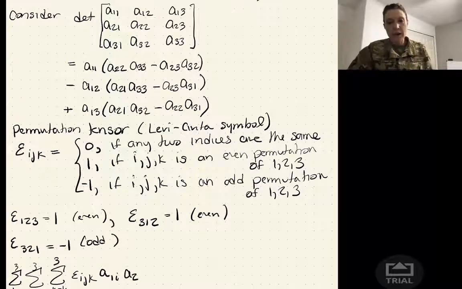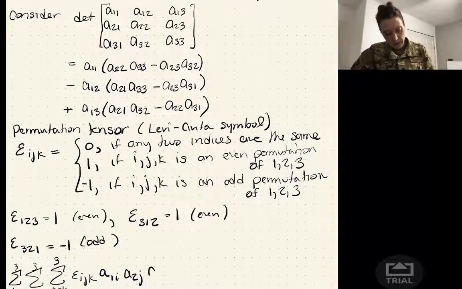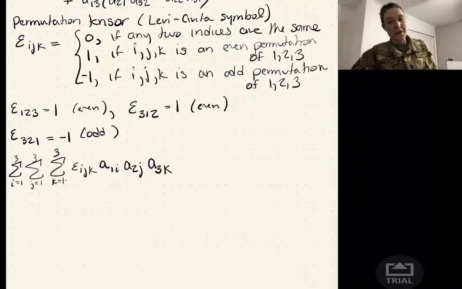Well, I need j to be independent. It can't be tied to anything else. So we need a new index, and I'll choose j. And then a 3, the third row, the first value is always 3, and I'll let the second subscript be k. And this is actually how you would write the determinant of a matrix.